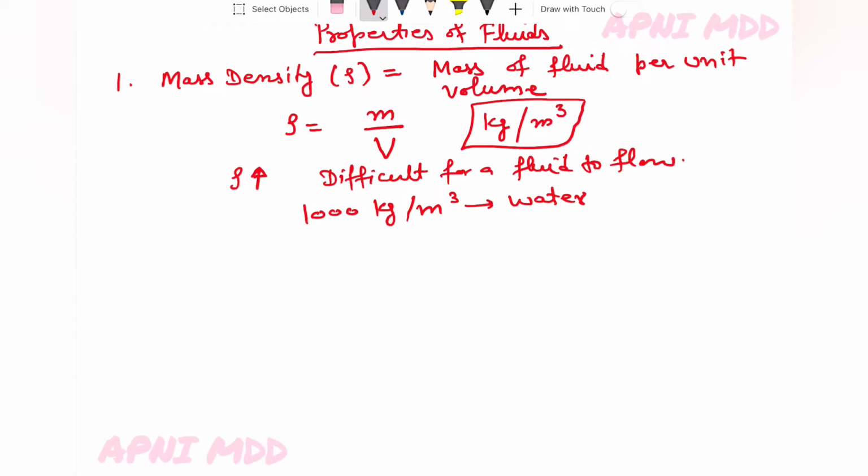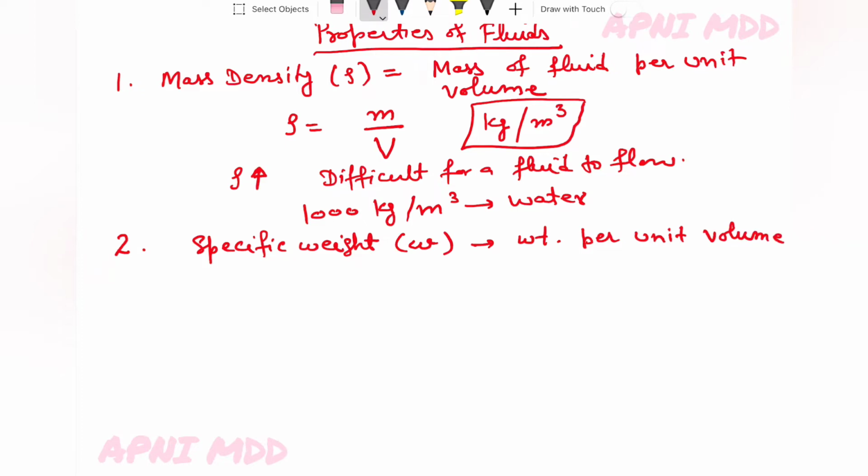Okay. The second important property of fluid is specific weight. The symbol is small w. Now it is defined as weight per unit volume.